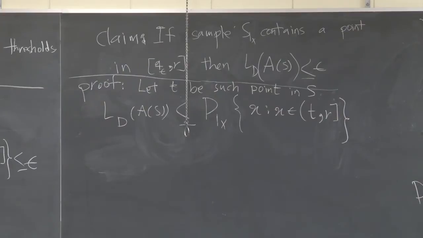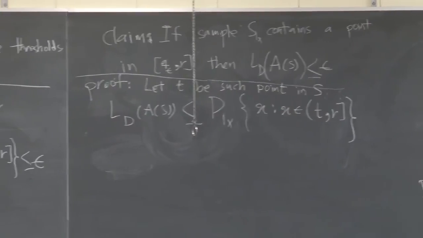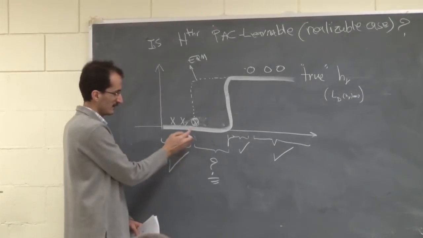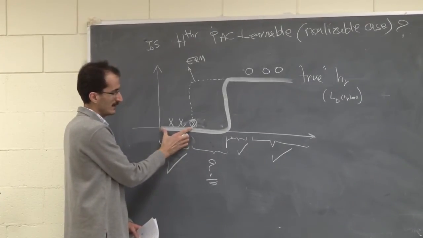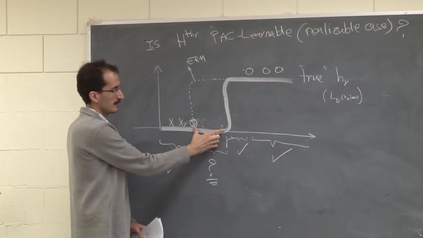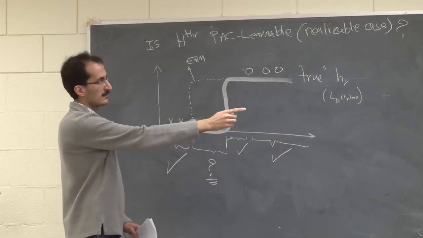Because if we have a point in our sample like this one, we will be correct all down here, and we can be wrong only here. So that's the intuition there.